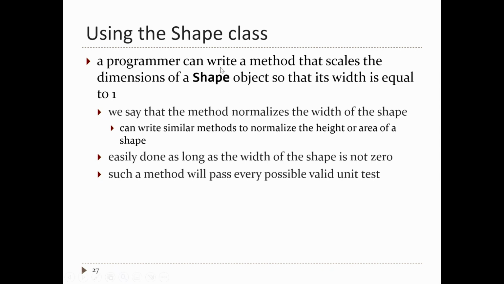So for example, someone uses your shape class to create a method that changes the size of the shape so that the width of the shape becomes 1. In other words, it scales the shape uniformly so that the width becomes 1.